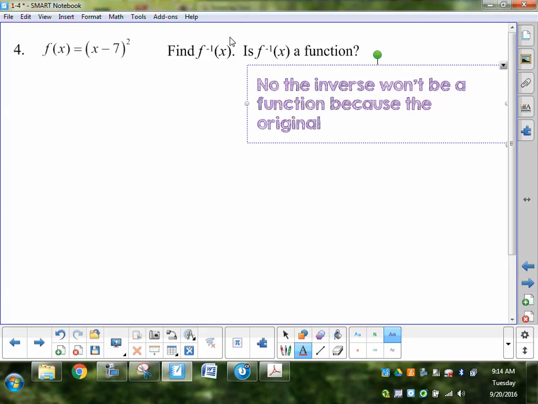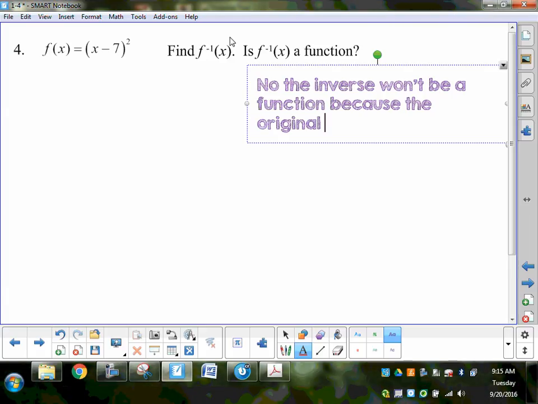The original will be a function, but it's not one-to-one. What type of function does it need to be in order for the inverse to be a function? Sam? It has to be one-to-one. So since the original isn't one-to-one, the inverse won't be a function.